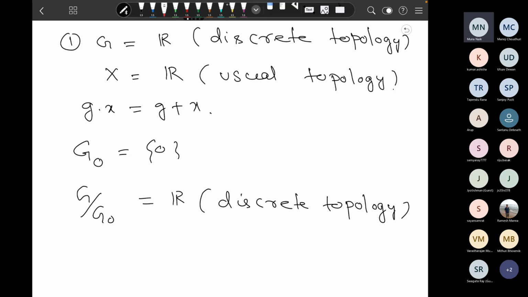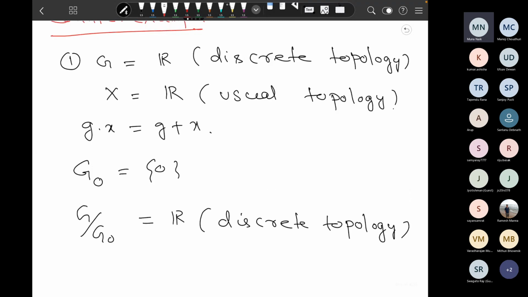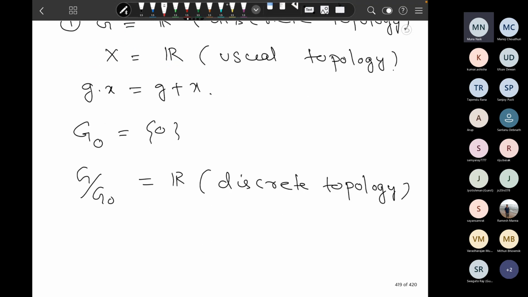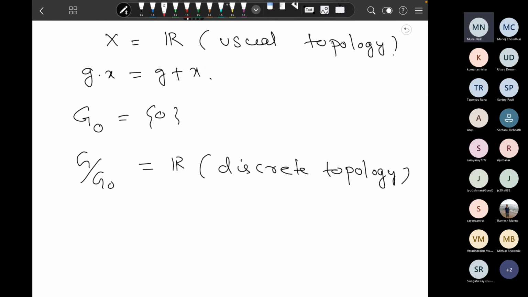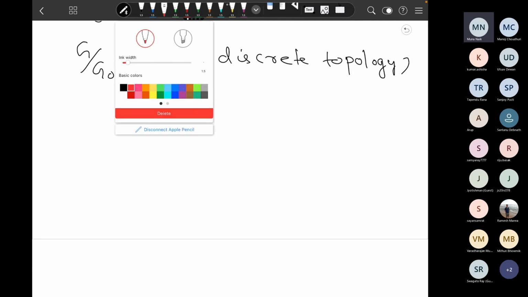The same counterexample will work. Remember, I have told you that discrete topological groups are also Lie groups. So this counterexample will also work for the Lie group setup, and there are also some non-trivial counterexamples. But I just wanted to write the theorem.